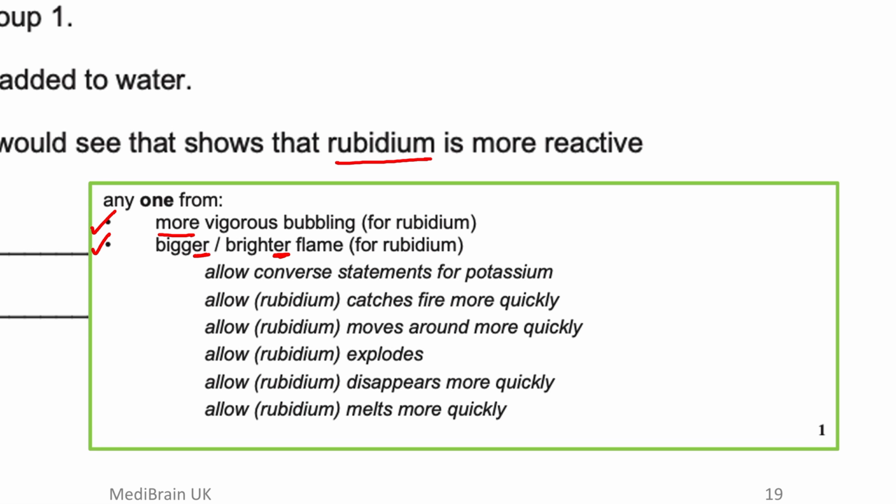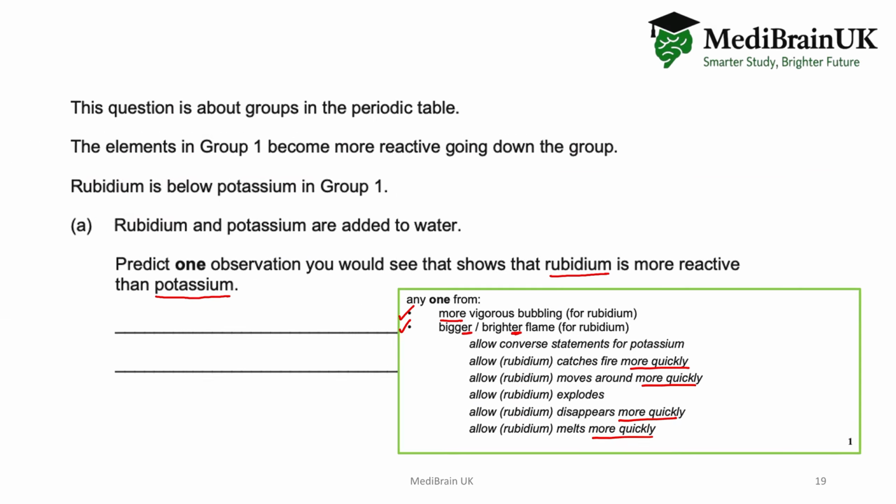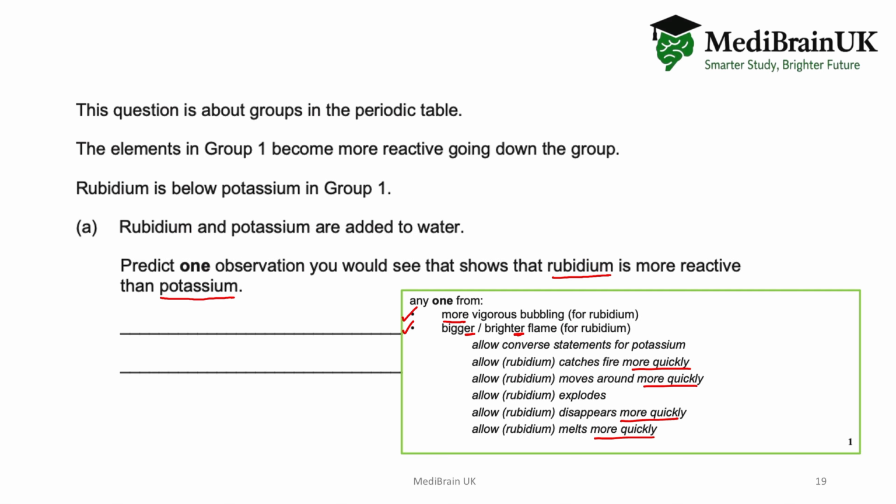And again, for the other options that you could have had, you can see catches fire more quickly, moves around more quickly, explodes, because potassium doesn't explode, disappears more quickly, and melts more quickly. So as you can see, all of them are comparative statements. You are saying how rubidium is more reactive than potassium in an observation format. Okay, so just a bit of an exam technique that you could use for future questions that you answer.